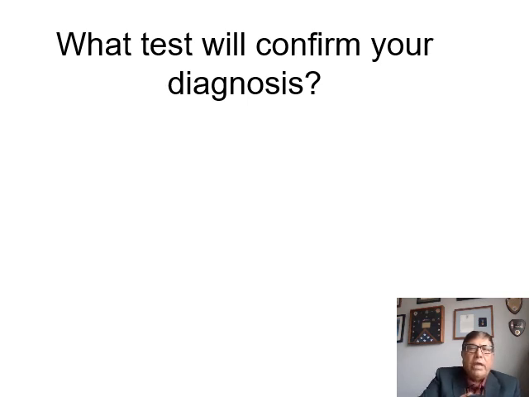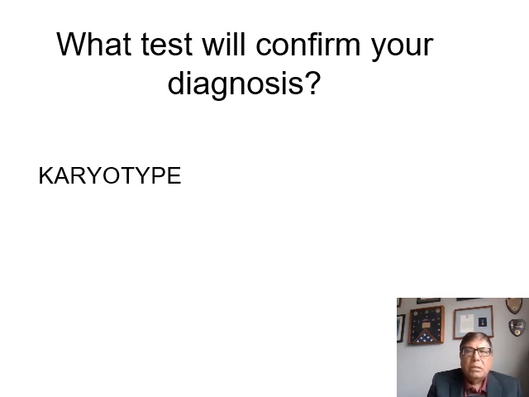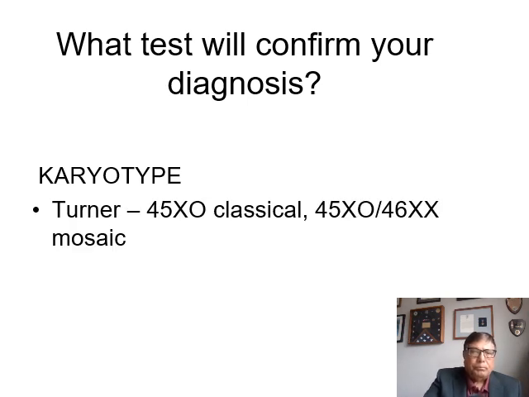So let's see how we can confirm or rule in or rule out those diagnoses. Your answer will be karyotype. Karyotype will help us come to a diagnosis, especially between Turner and Noonan syndrome. In Turner syndrome, the karyotype, as you know, is classically 45,XO in the vast majority, but they could be mosaic 45,XO/46,XX and also ring chromosome, rare.